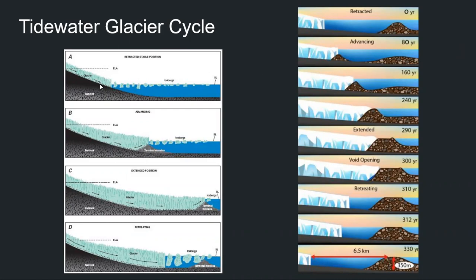So let's consider the panel A here on the left. We have a glacier that is probably a valley glacier and reaching the shoreline. It's in a stable position, meaning that it is mainly losing its ice through melt and doesn't calve that much. It might calve a bit if it's close enough to the ocean.